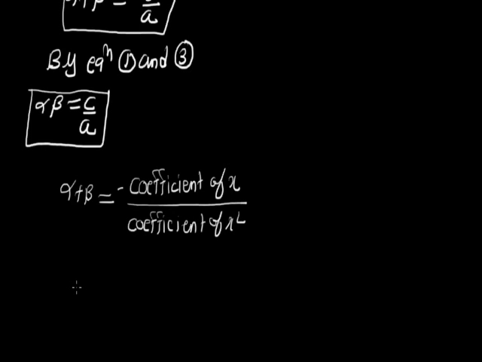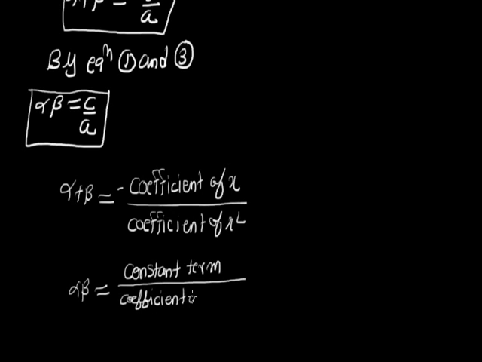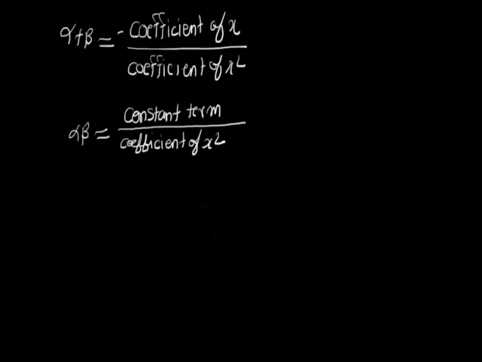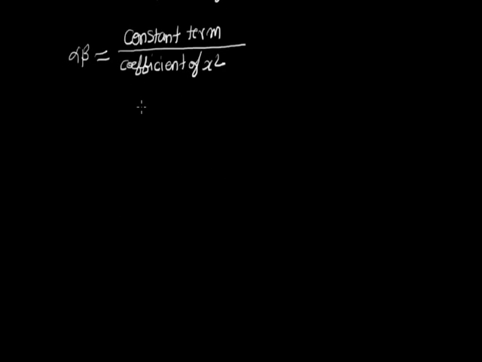And similarly alpha into beta can be written as the constant term in the numerator and in the denominator the coefficient of x square. So from here we have derived two very important results.